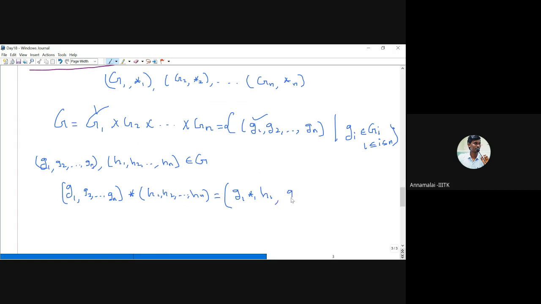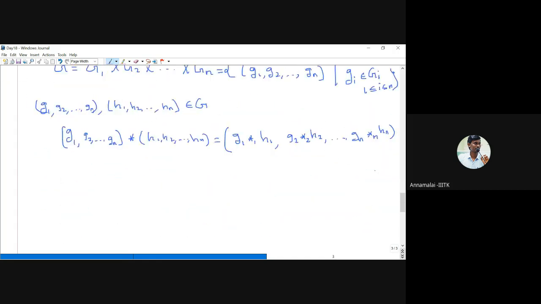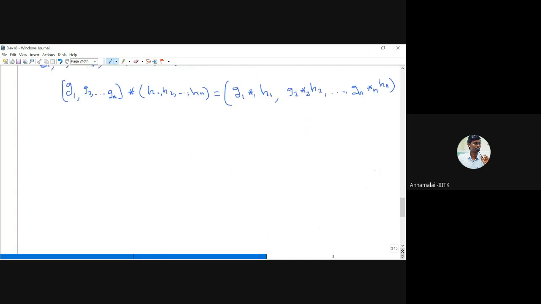The second one is g2 star 2 h2, because the operation is star 2 in the second group, and so on. The last is gn star n hn. Okay, this is the operation. Now, with respect to this operation, G forms a group. This group is called a direct product of groups.